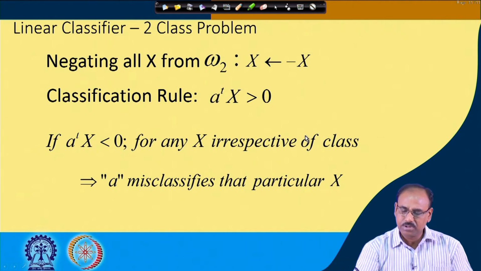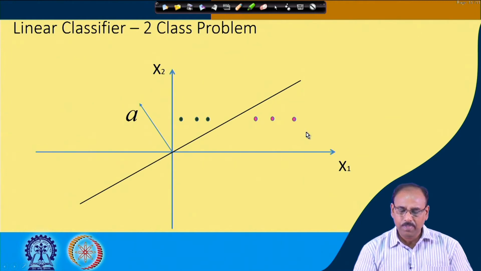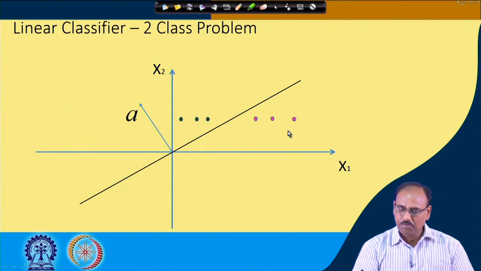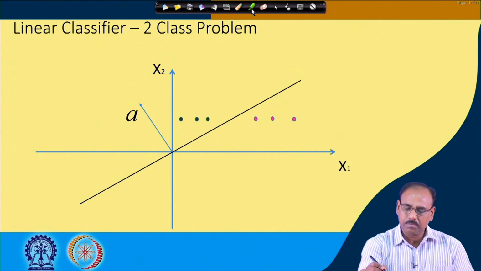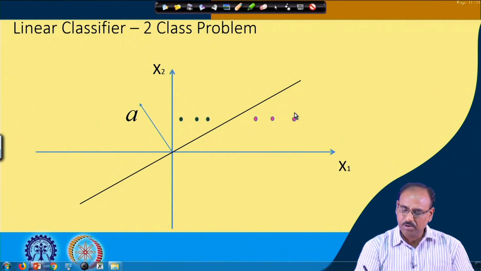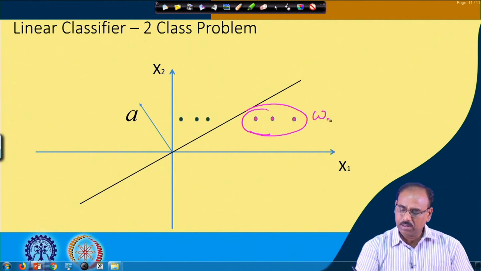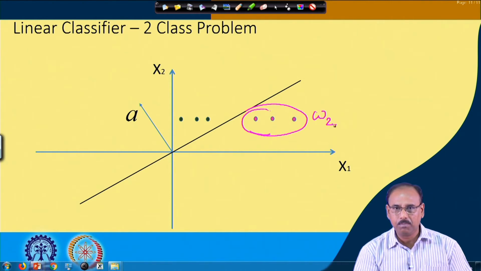My situation is something like this. In the previous case, all these feature vectors belonging to omega 2 were on the negative side of the separating plane.